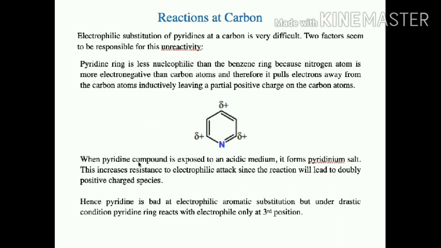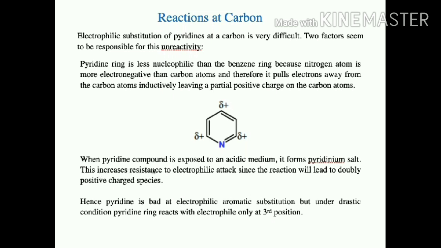One more reason is that when a pyridine compound is exposed to acidic medium, it forms a pyridinium salt. This increases resistance to electrophilic attack since the reaction will lead to a doubly positively charged species.